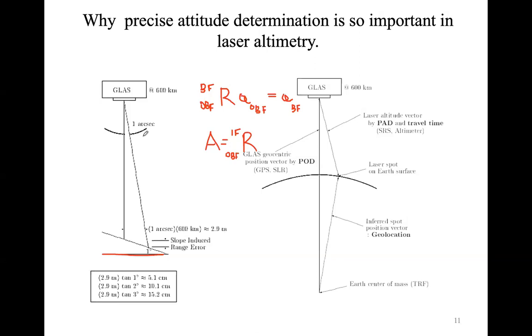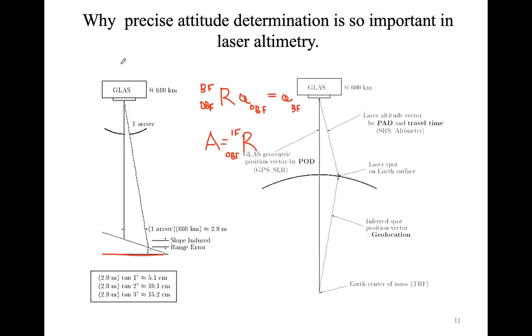So it is 1/3600 of a degree. It is a very small amount of angle, and you need to know this tiny angle in order not to introduce errors of a few meters in your measurement. So for example, let's assume that you have a slope of 1 degree here.